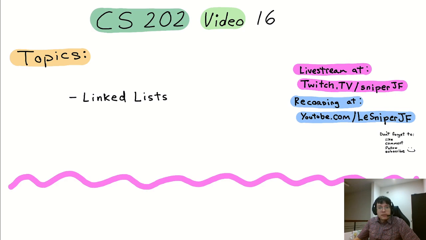For now, however, the topic is linked lists. So far, we've been looking at singly linked lists, and today I want to wrap up talking about singly linked lists so that we can then start talking about doubly linked lists next class.